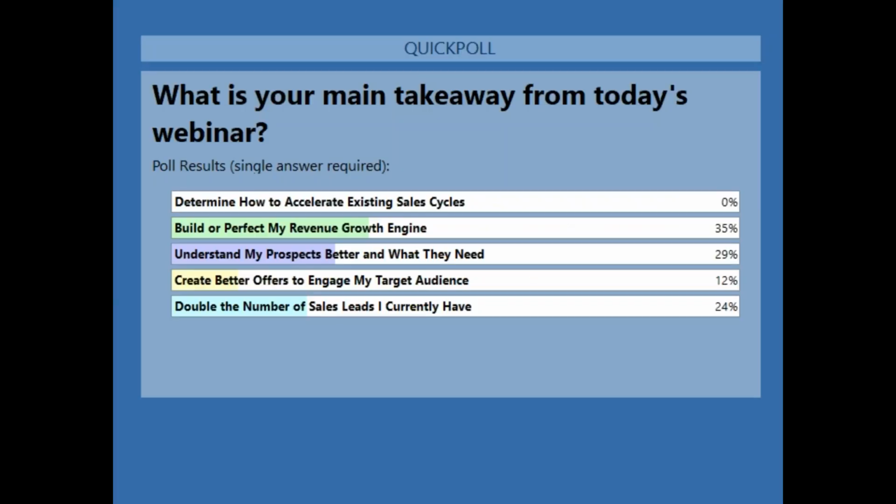So in terms of sharing the information, what we have here: you mentioned that 33% of you attending today were interested in building or perfecting your revenue growth engine, which is phenomenal. 29% stated that understanding your prospects better and what's important to them is going to be top-notch for you. 12% stated that it's creating better offers to engage your target audience.